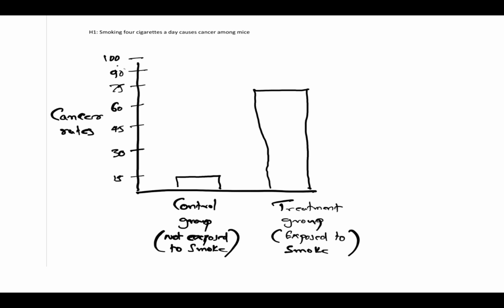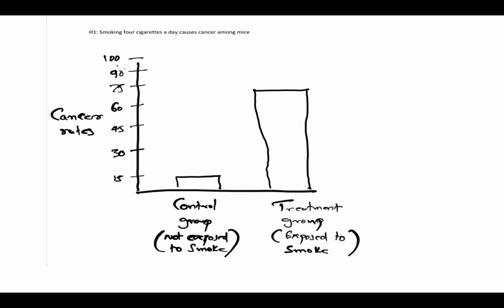So we prove that the difference between the treatment group and the control group is nearly 4 or 5 times higher, and we attribute this increase in the lung cancer rate of the treatment group to them being exposed to smoke.